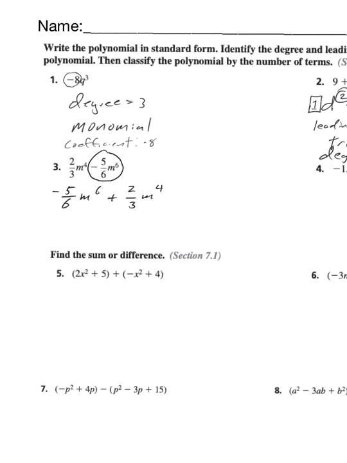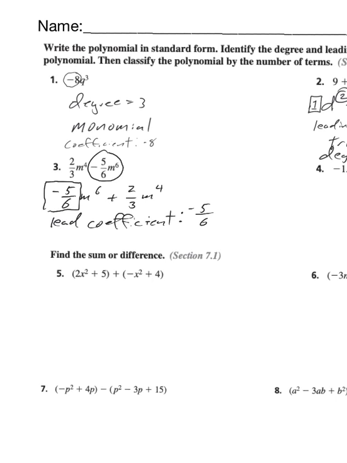What's the leading coefficient in this case? Once it's in standard form, we look for the number that precedes the variable. That becomes the leading coefficient. So the leading coefficient is -5/6.